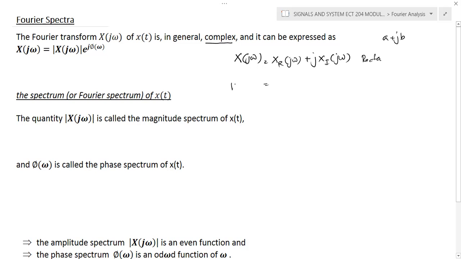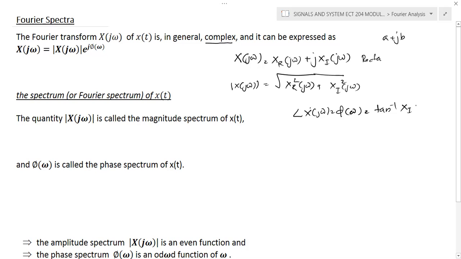So from this you can find the modulus or the magnitude, simply by taking the square root of a square plus b square. So this is the magnitude of X of j omega. And the angle, you can write angle of X of j omega, or we can use another notation, phi of omega, which is simply tan inverse of the imaginary part by the real part.